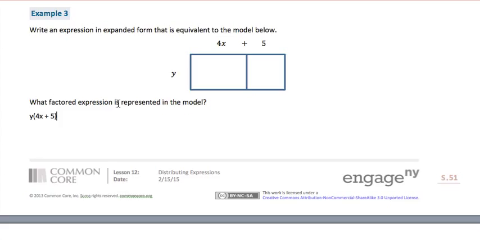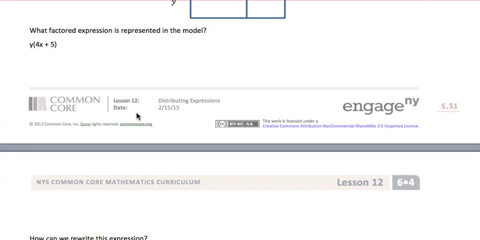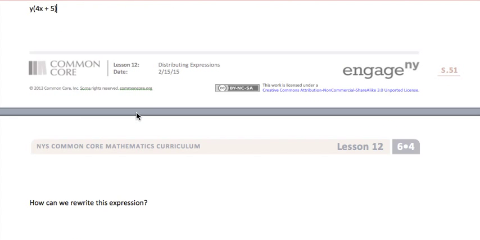And this is our factored expression, remember, because a factored expression has a factor outside the parentheses and then a quantity inside. We can rewrite that expression as 4xy plus 5y. We're multiplying 4x times y and 5 times y.